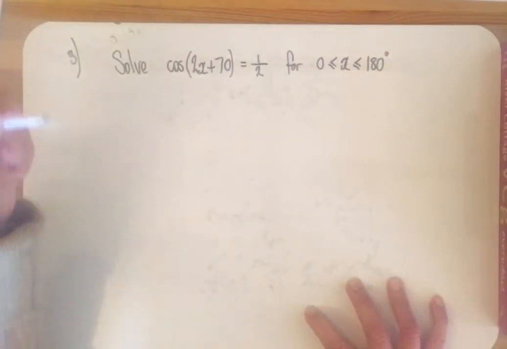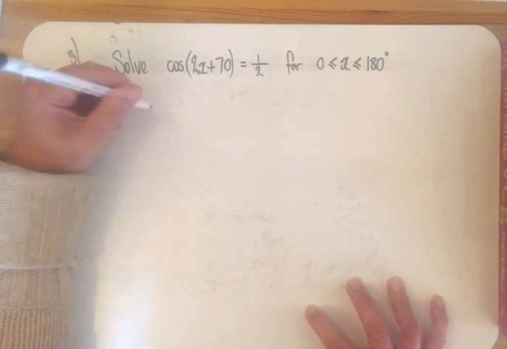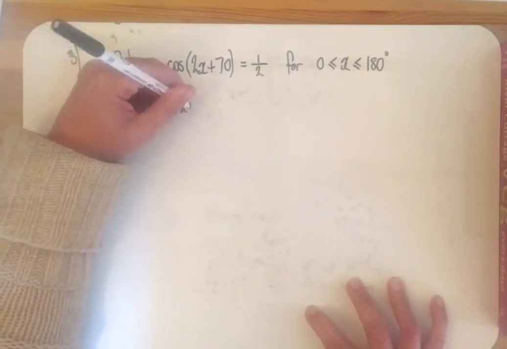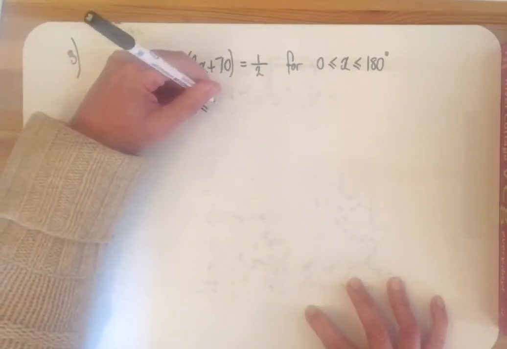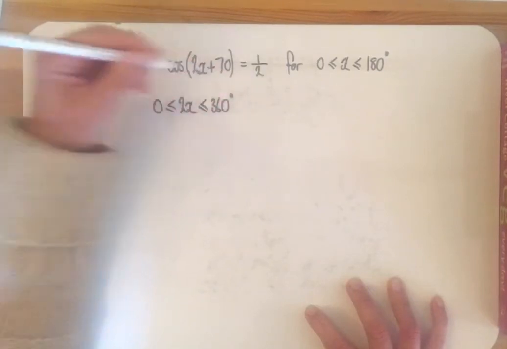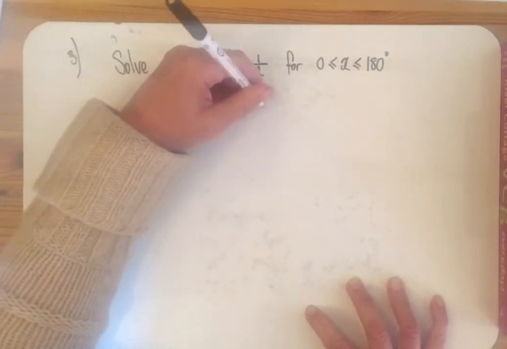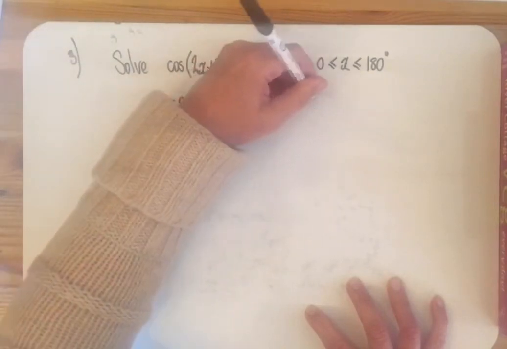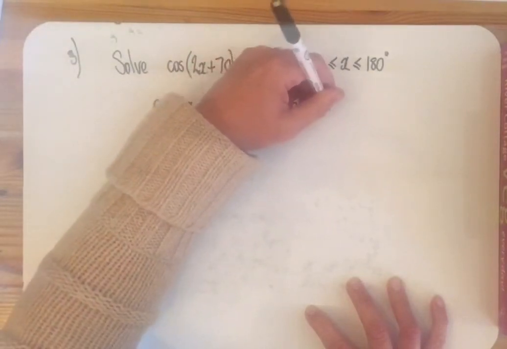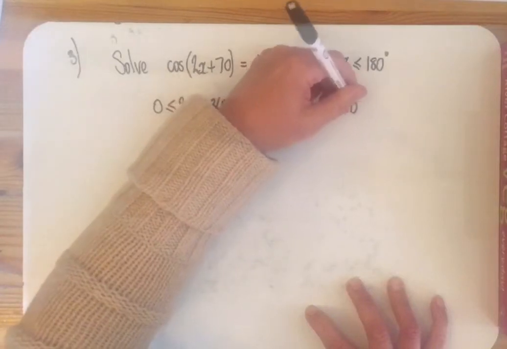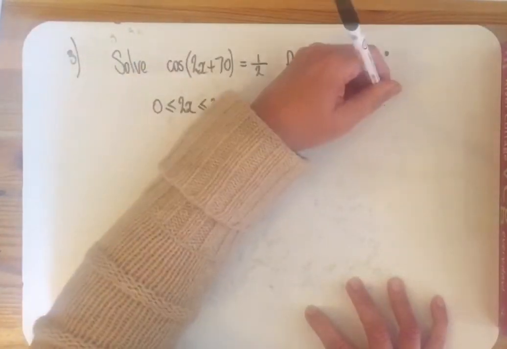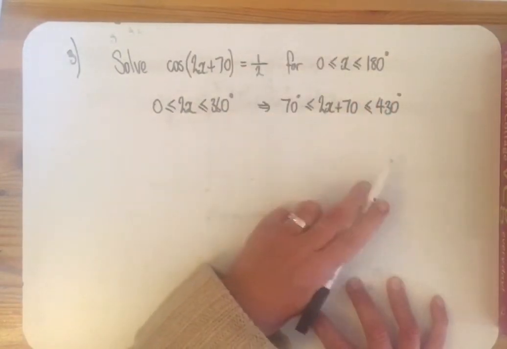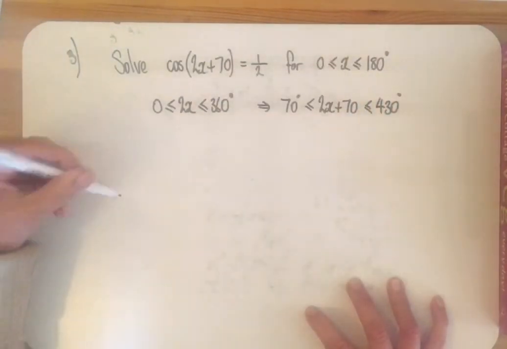So same thing, you follow BIDMAS, so I want to multiply first, and then add 70. So I'm looking for solutions between 70 and 430.